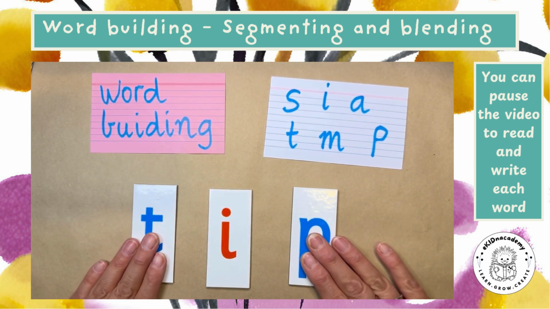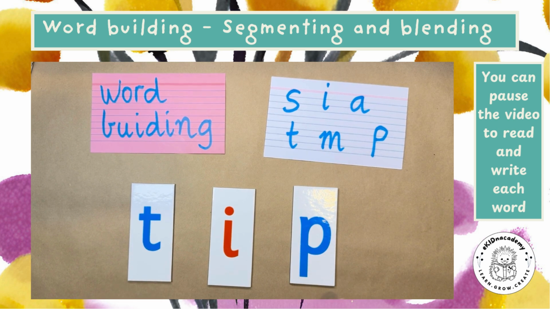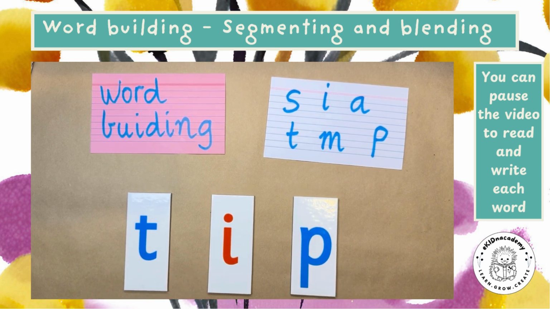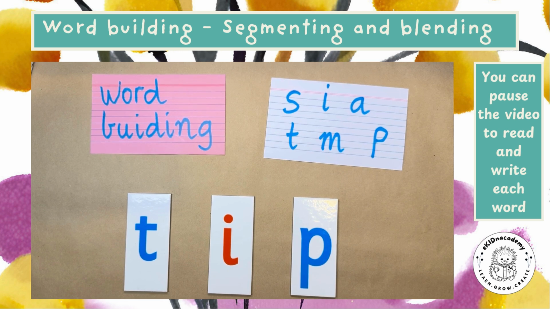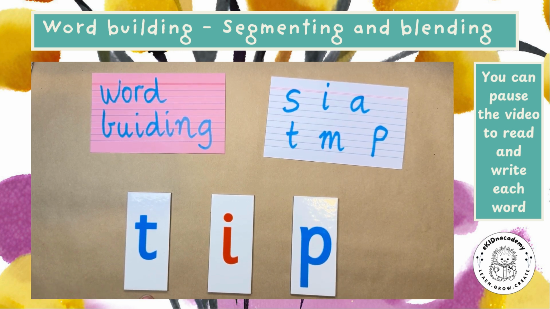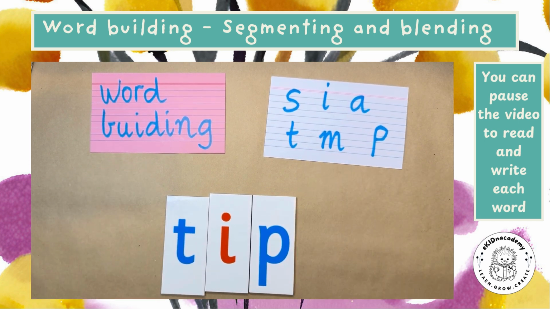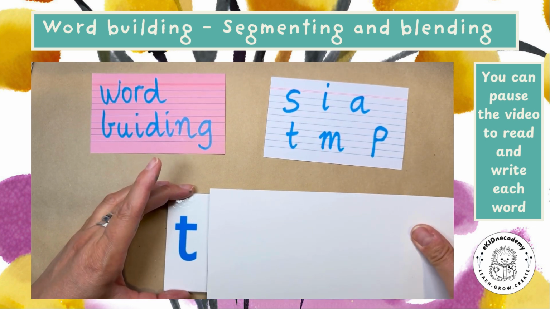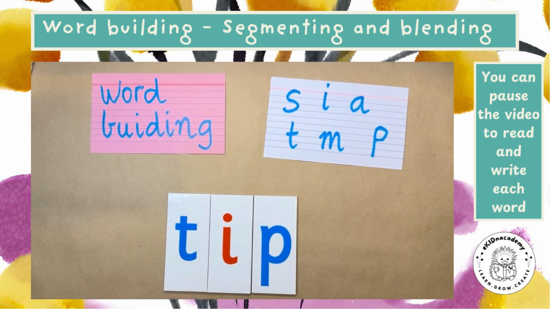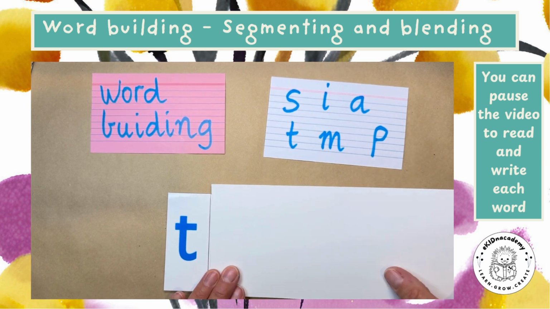First, we're going to segment and then blend the word. And then I'm going to show you how to stretch it out. T, i, p. Tip. If you're finding it tricky to go sound, sound, sound, word, a slower way to do it is to first stretch the word like this.